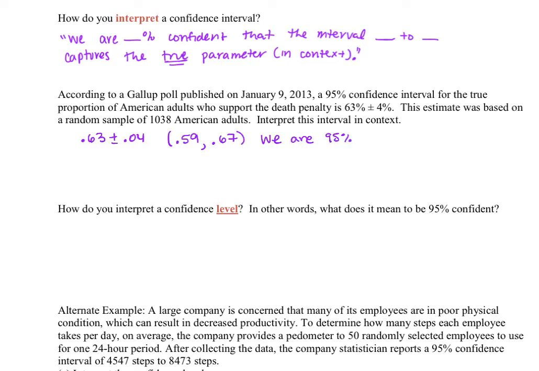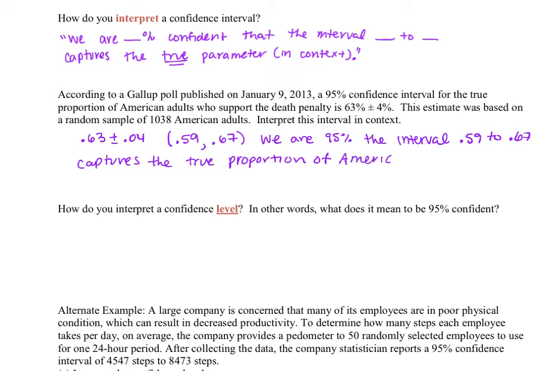We are 95% confident the interval from 0.59 to 0.67 captures the true proportion of American adults who support the death penalty. And that's how you would interpret the confidence interval.